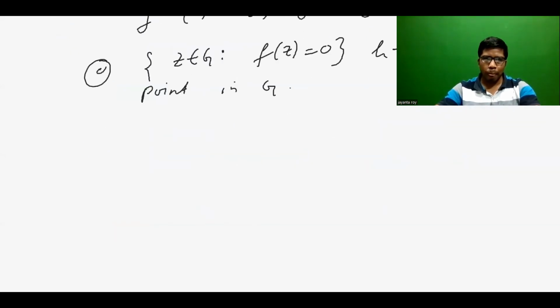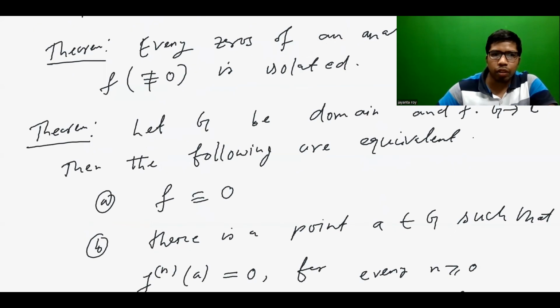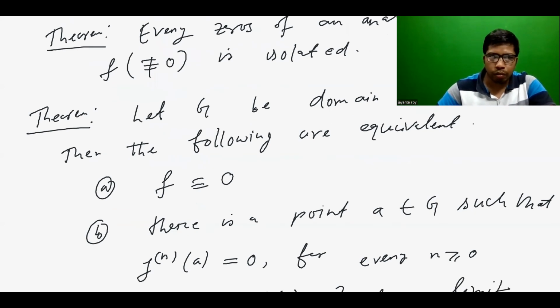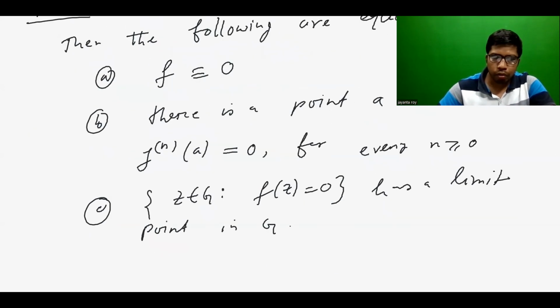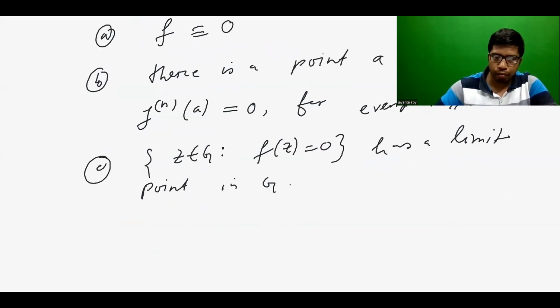Now we consider two examples to show that this G being open and connected is needed, otherwise the theorem fails. So for this, we consider one example.